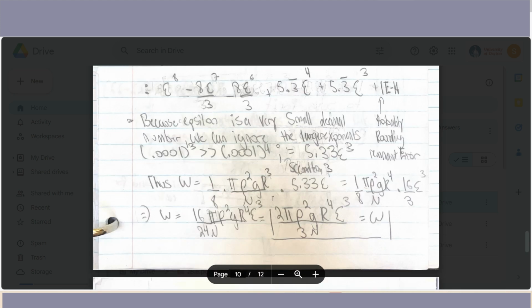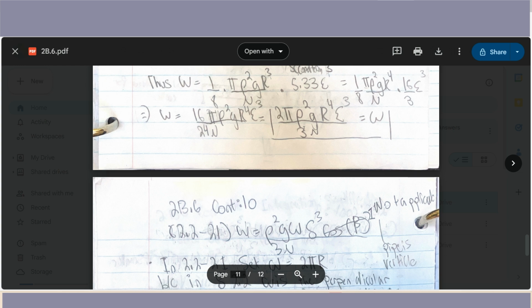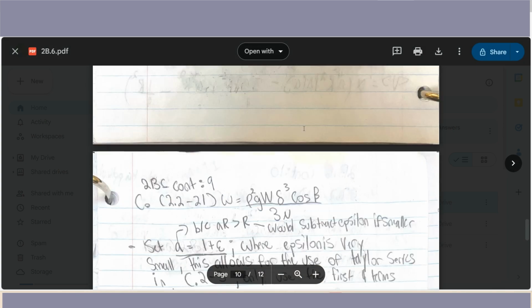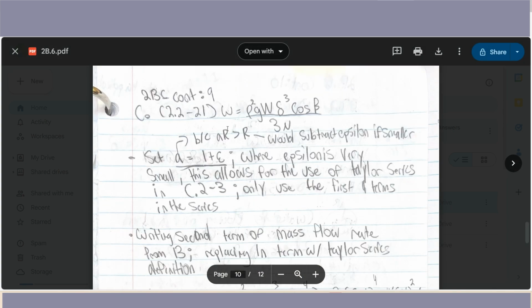And 5.33 divided by 8 is 2 divided by 3, I think. Yeah, 16 divided by 24 is 2/3. Yep, that makes sense. And yeah, we get that for the mass flow. Oh, no, it's not. This is not equal to this.